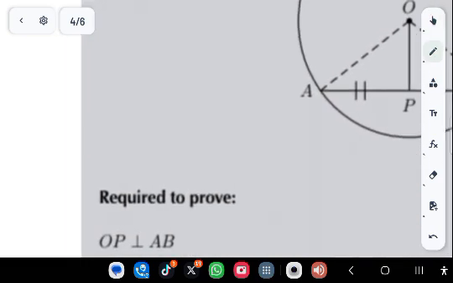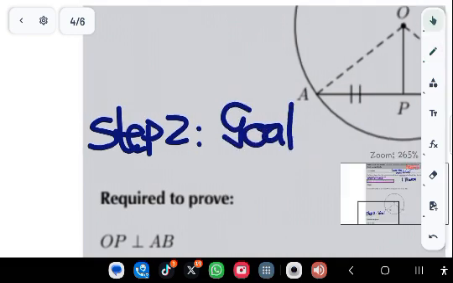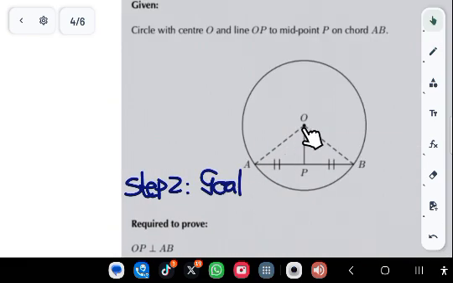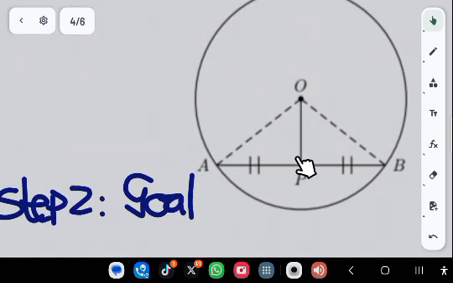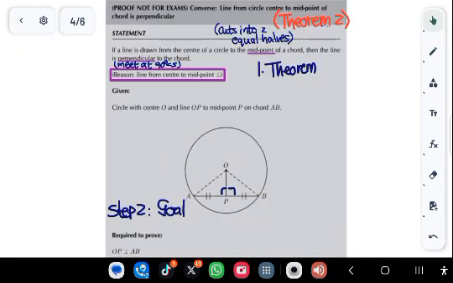Step number 2, the goal: we are required to prove that OP is perpendicular to AB. In other words, angle OPA is equal to 90 degrees, which is equal to angle OPB. That's what we are required to prove.